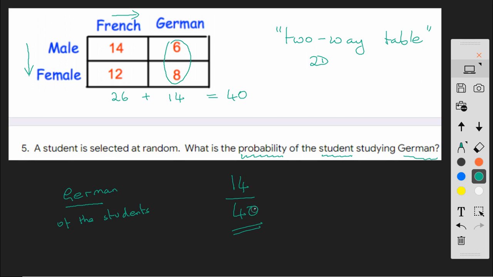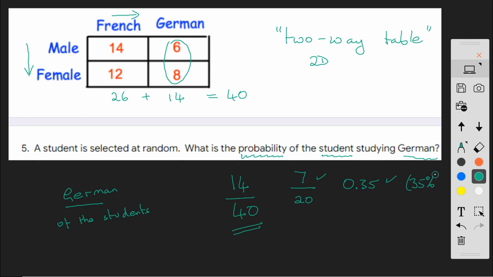Always good if we've got a fraction to simplify it. What can we do to the top and the bottom? Okay, we can divide by 2. So another possible answer would be 7 out of 20. And some of you may convert that into a decimal. So if you convert it into a decimal, that'll look like 0.35, which is okay. Some of you might say, well, actually, I'm going to convert that into a percentage.